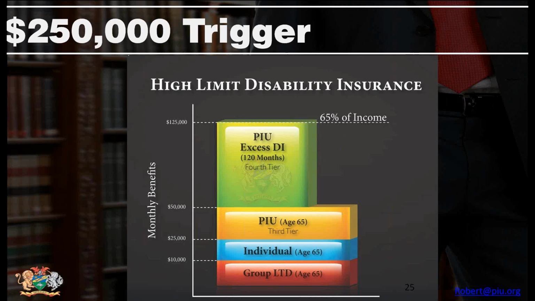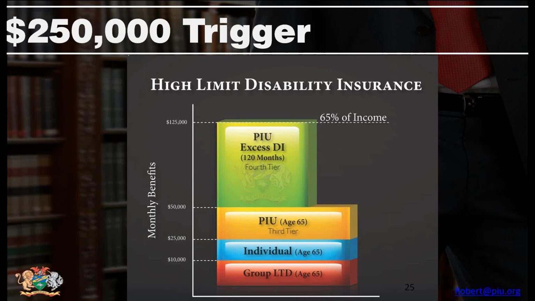We often find that individuals working for a corporation or normal company have a group LTD in force. Some cases have an individual disability insurance policy above that, but we still might have a gap and have a need to protect more of their income. So for that, we have the 3rd and 4th tier through Petersen International, which supports up to an extra $250,000 per month of benefits.